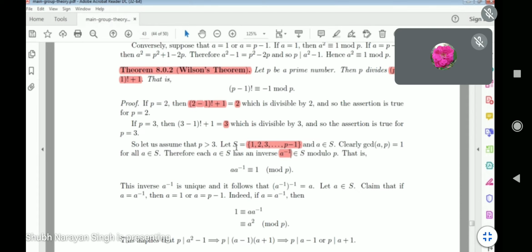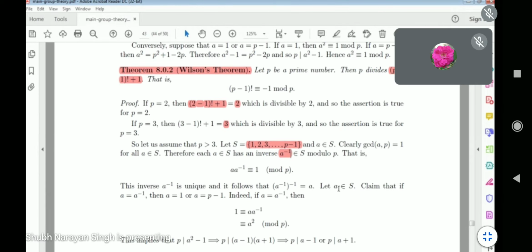When p is equal to 7, there are only two elements, 1 and p minus 1, which is 6. So 1 and 6 are the only two elements equal to their inverse. Similarly, if we choose p equal to 11, you can find the same trend, that 1 and 10 are the only two elements equal to their inverse. And that is my claim.